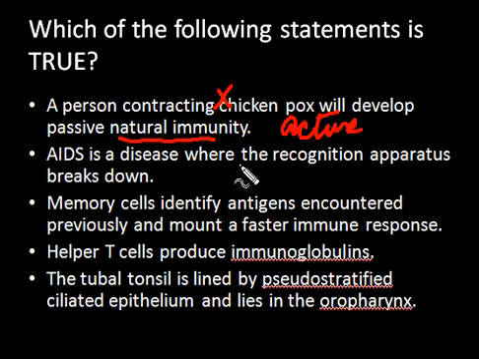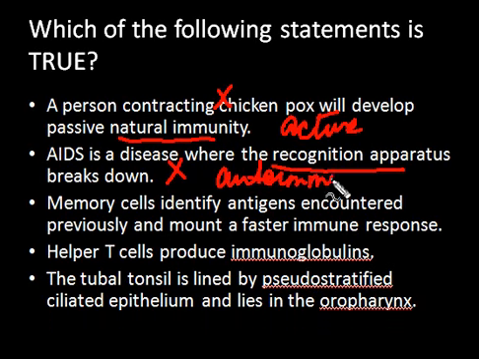The second one, AIDS is a disease where the recognition apparatus breaks down. This is also false, because the recognition apparatus breaks down in autoimmune diseases, like multiple sclerosis, Graves' disease, lupus, and so on.